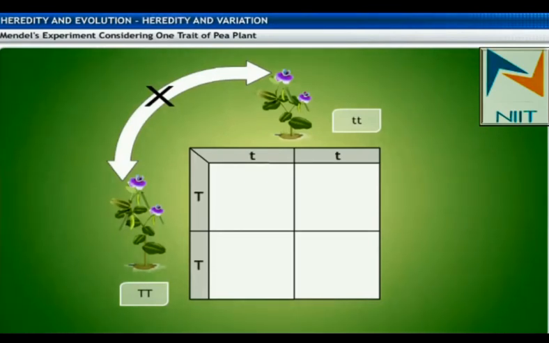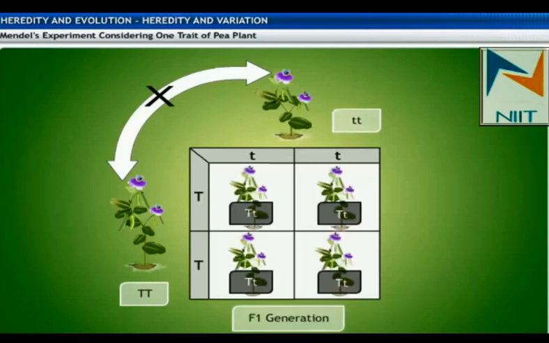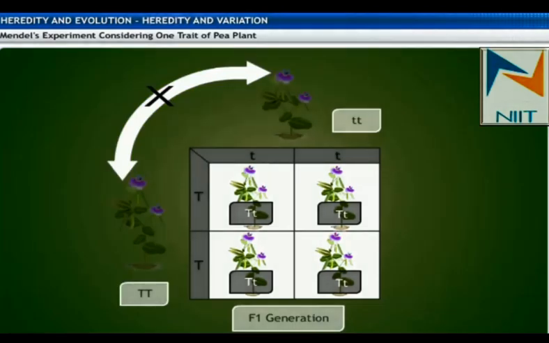The gametes produced by them are T and t, and the F1 generation has all Tt progeny.